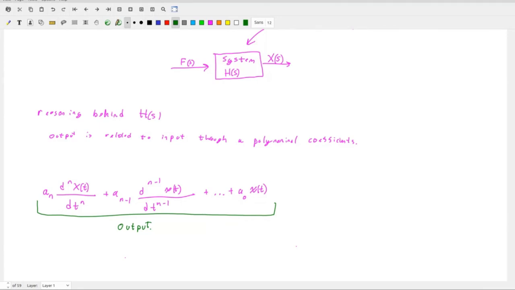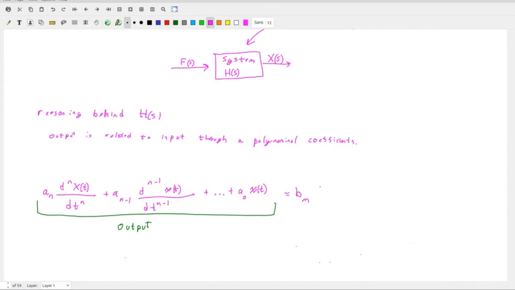So we can relate that to our input. We can set that equal to a certain number of coefficients times our input. Let's call that b to the m. These don't have to be the same number of coefficients.